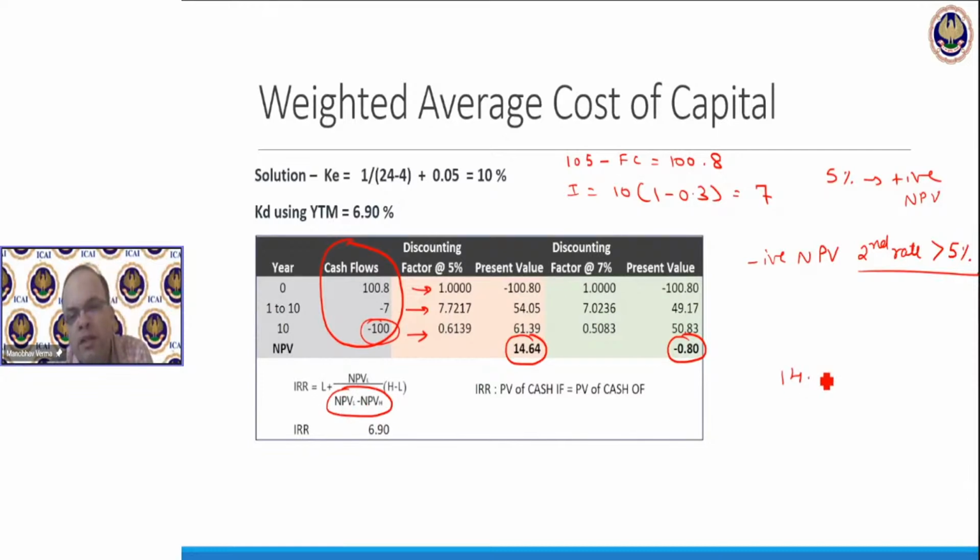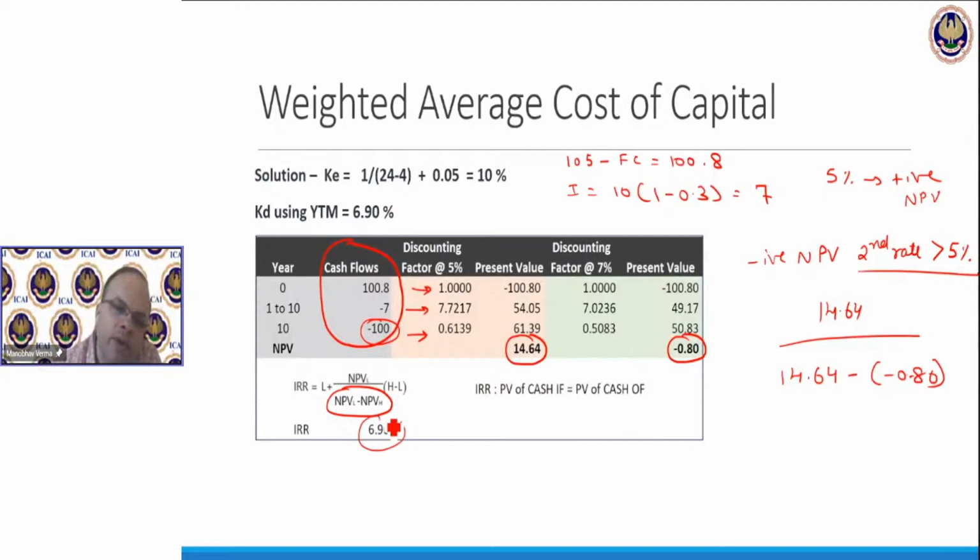That means the denominator will look like 14.64 minus, in the bracket, minus 0.8. So this is what my denominator is. Hence, your denominator will automatically convert into an addition sign because it's minus minus plus. And we multiply with the rate differential to get an IRR of 6.9.